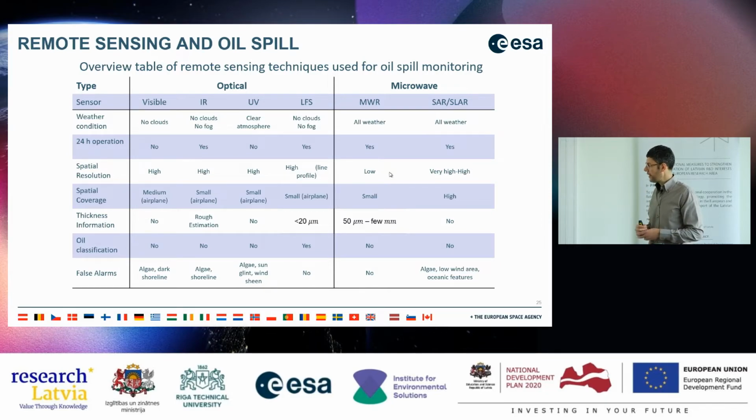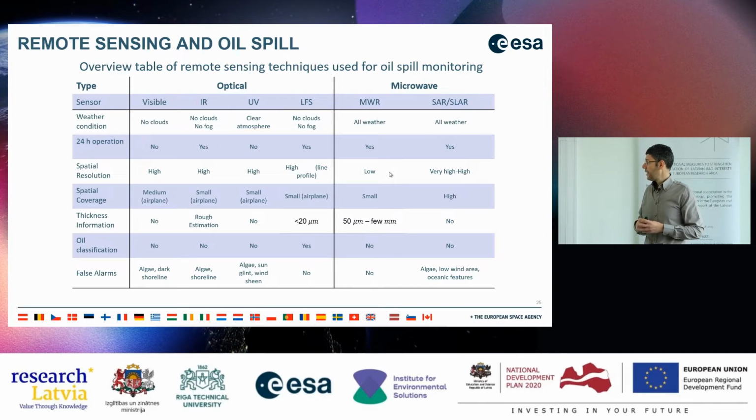But other techniques can do it, like the laser fluorosensor, for example. And some have some types of false alarm, some others are not. So this is a summary more or less of what is available.